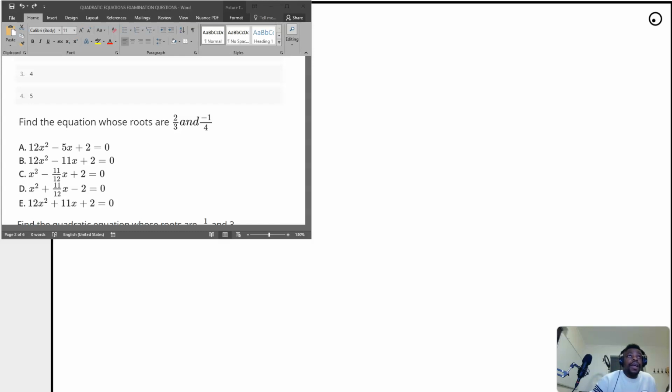Now the next question, find the equation whose roots are 2 over 3 and minus 1 over 4.